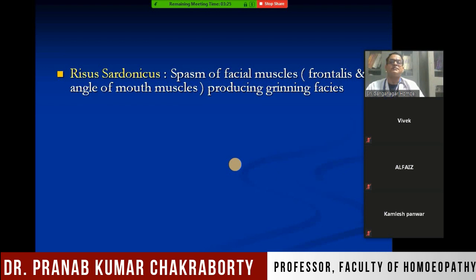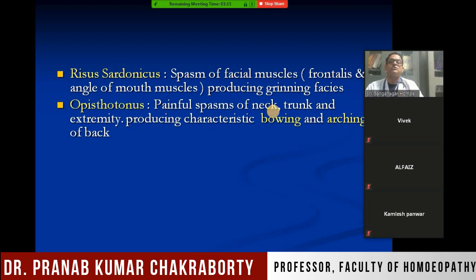This is risus sardonicus, a spasm of the facial muscles, the frontalis and angle of mouth muscles, producing a grinning face. Opisthotonus, that I told you about, is when the back muscles contract and spasm causes painful spasm of the neck, trunk and extremities, with bowing or arching of the back.